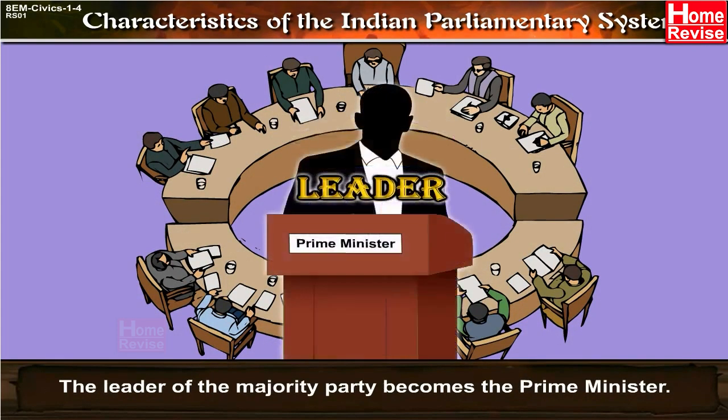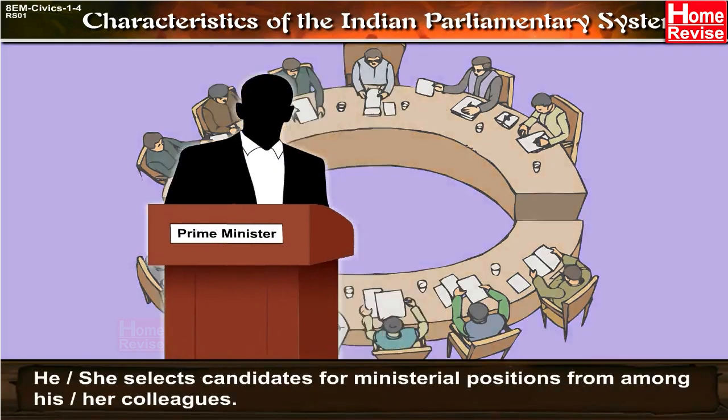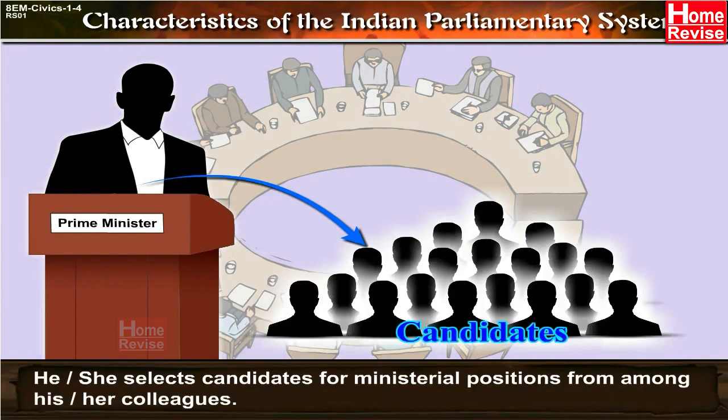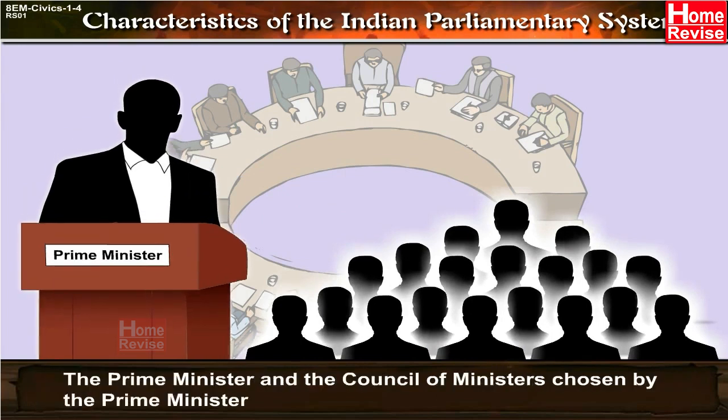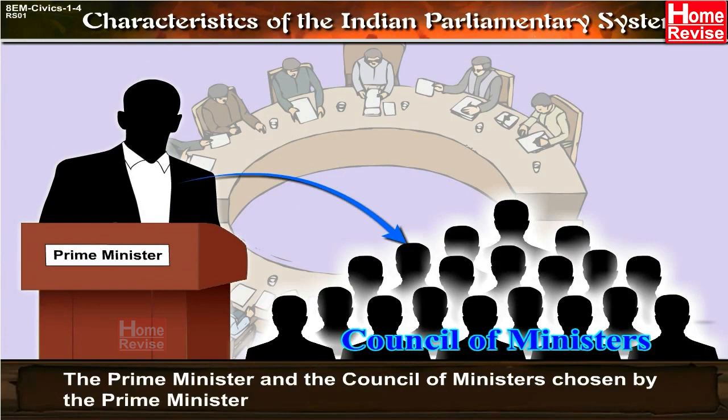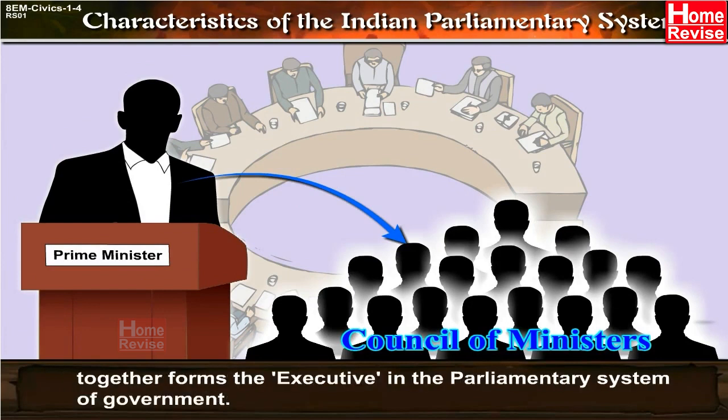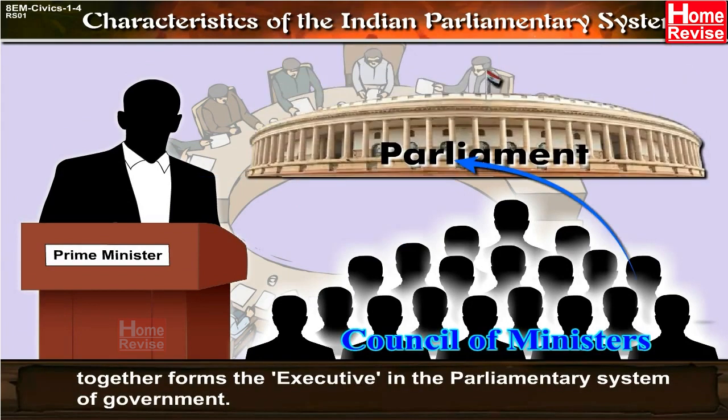The leader of the majority party becomes the Prime Minister. He or she selects candidates for ministerial positions from among his or her colleagues. The Prime Minister and the Council of Ministers chosen by the Prime Minister together forms the executive in the parliamentary system of government.